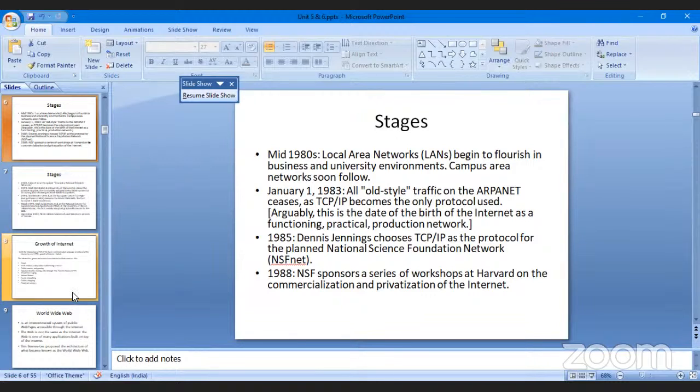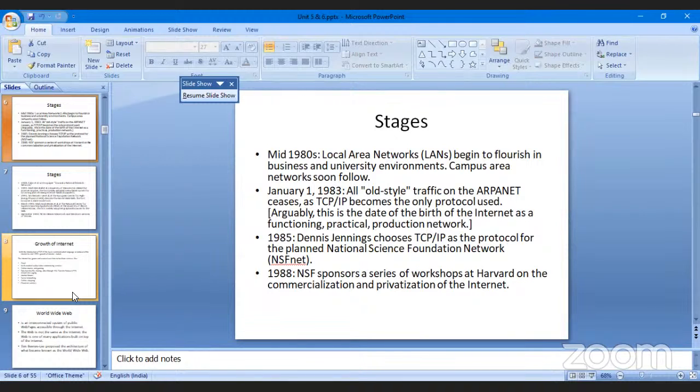Campus area networks soon followed. This is just the stages of how the internet has developed. There is nothing much to explain. Remember the years and the developments.